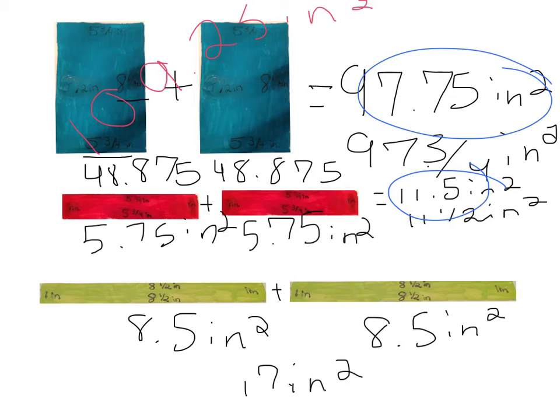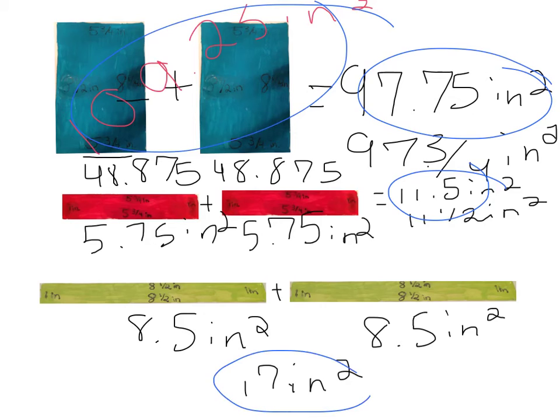And then we need to add this area with the 17 inches squared area to get the total of 126.25 inches squared. That could also be said as 126 1/4 inches squared.